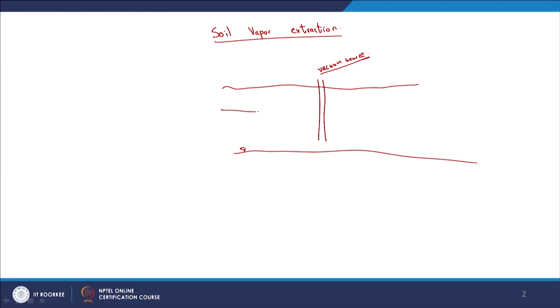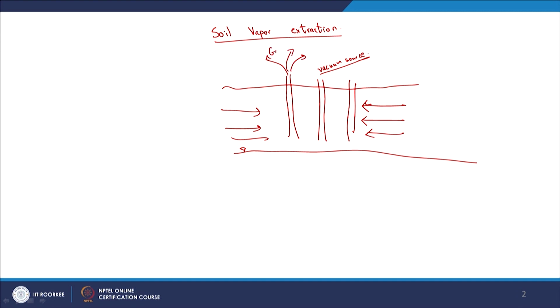For that, there are two ways to go about it. You will have a vacuum source, and the gas flows towards this vacuum source. You are also going to have extraction wells, and these extraction wells are going to remove your gas here.